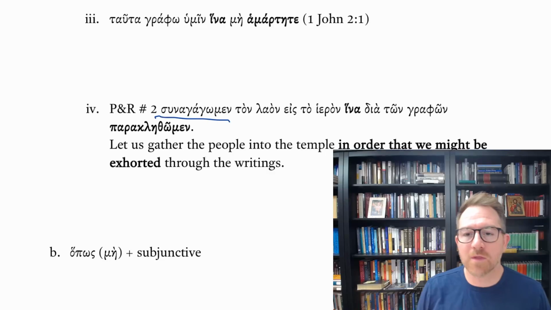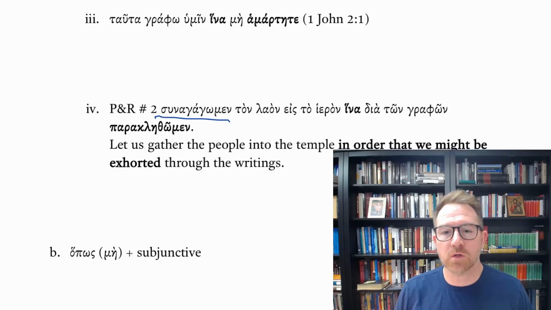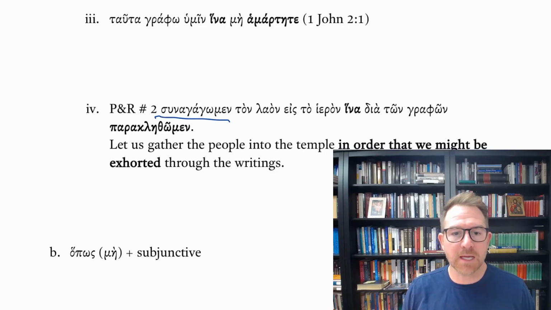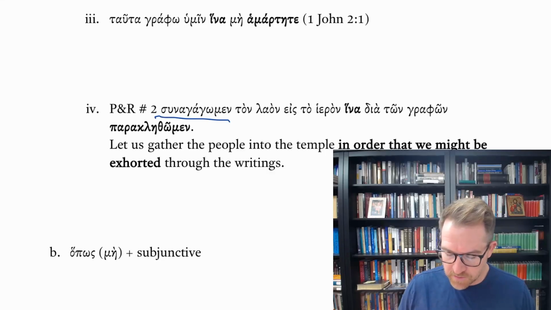Why? In order that we might be exhorted, because this is the parakleithomen, that we might be exhorted through the writings, that we might be exhorted, parakleithomen, in the aorist passive from parakaleo.